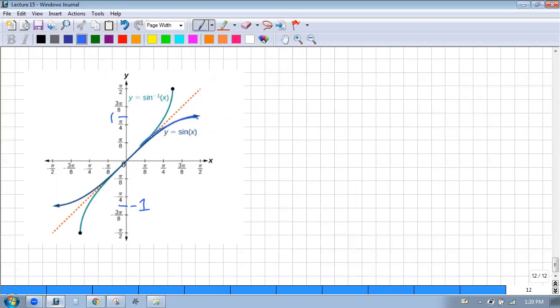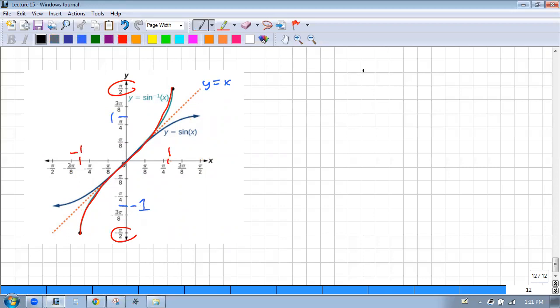So if we just fixate on this piece of sine and you flip it over the line y equals x, you get this, sine inverse. So sine restricted between minus pi over 2 and pi over 2, that's the restricted domain. It becomes the range. The old range, minus 1 to 1, becomes the domain.